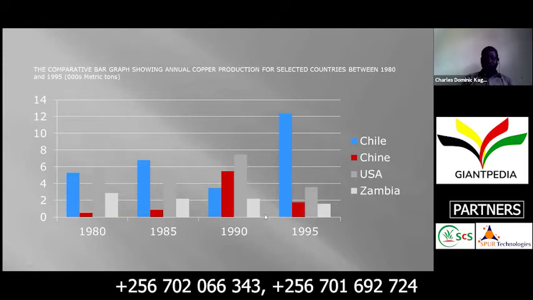So what I was referring to is that you must leave space between every grouped bar; there must be equal space. This space here, this space here, this space here, and also this space. That is why we are saying that these are supposed to be used as comparative. This is the representation for Chile.